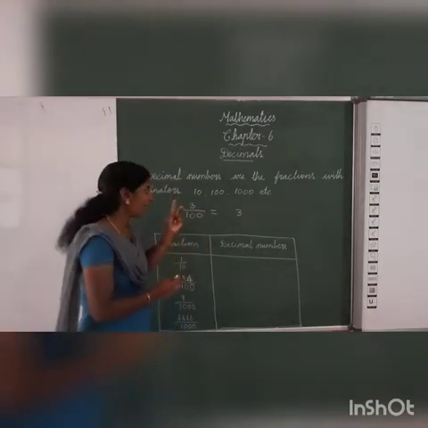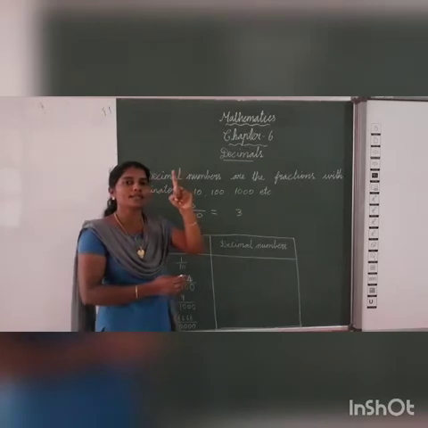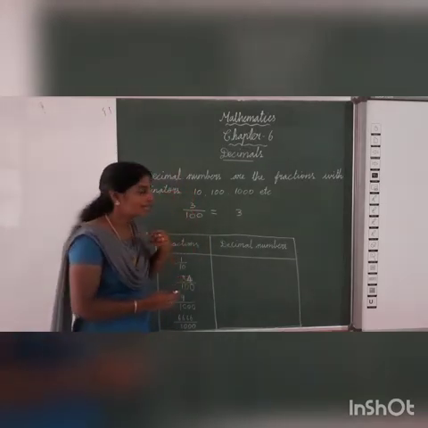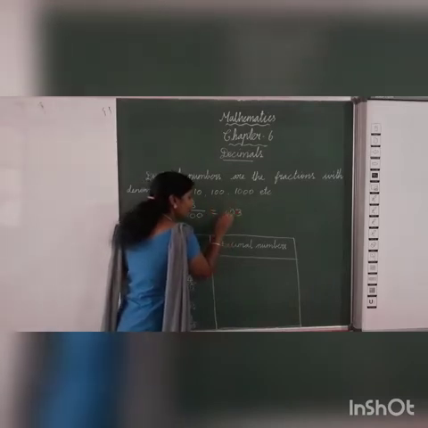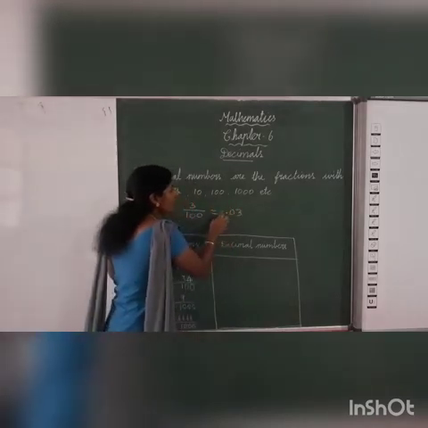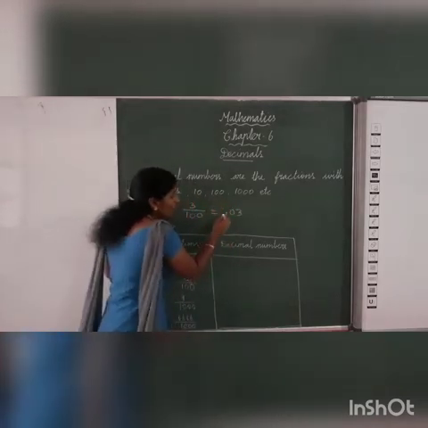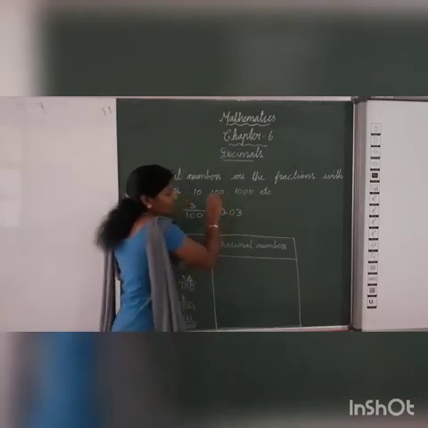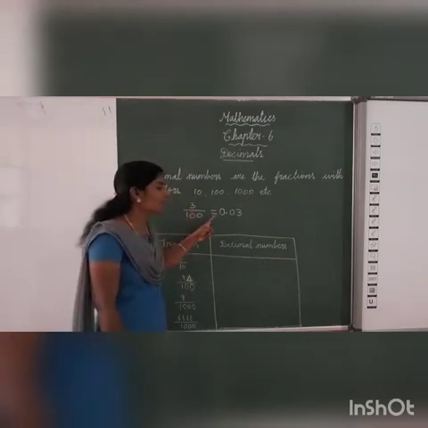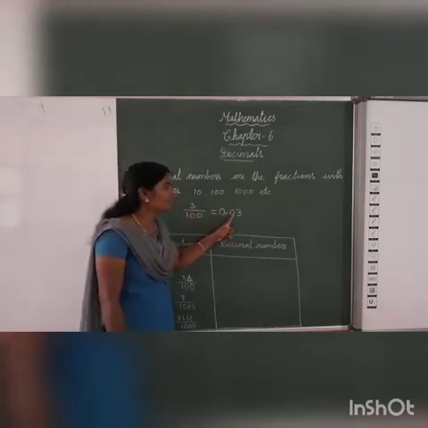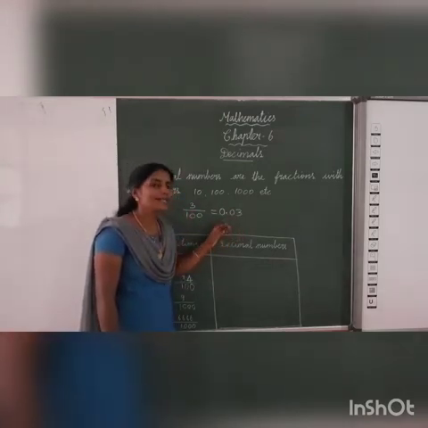Already we have only 1 digit. One more digit we need, so we can add a 0 here. Then we can put the decimal point. Before the decimal point, no number, so we can add a 0. How can you write 3 by 100? It is equal to 0.03. This is the decimal form.